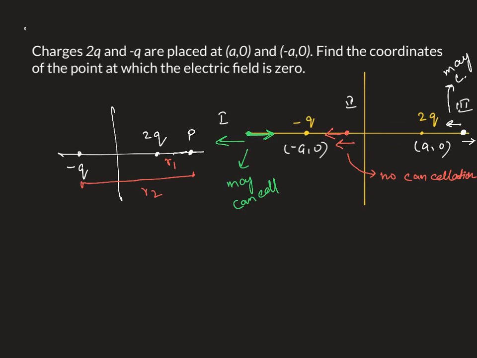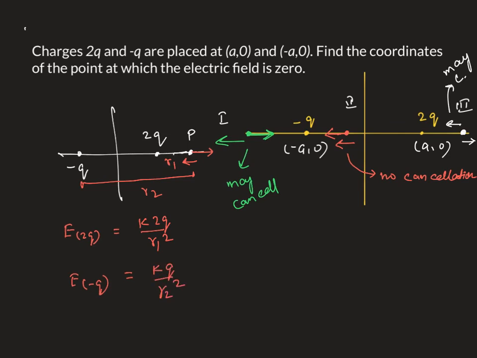As you might see, the field due to 2q will be away and due to minus q will be towards. So what will be the field due to 2q? It will be k 2q upon r1 squared. And the field due to minus q will be kq upon r2 squared.